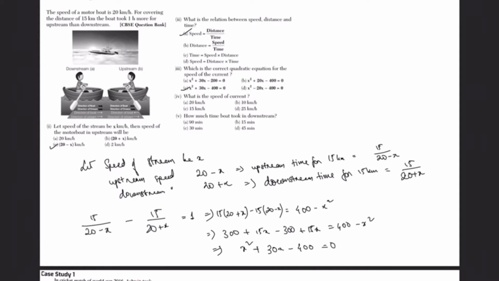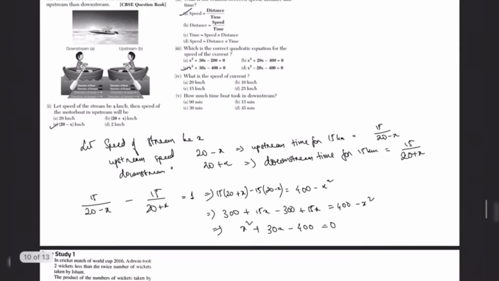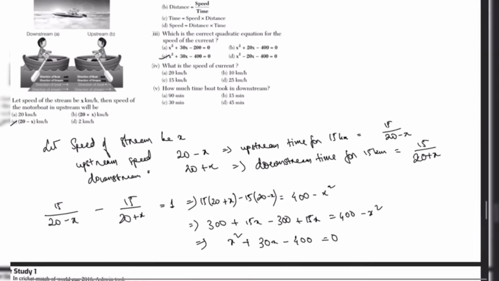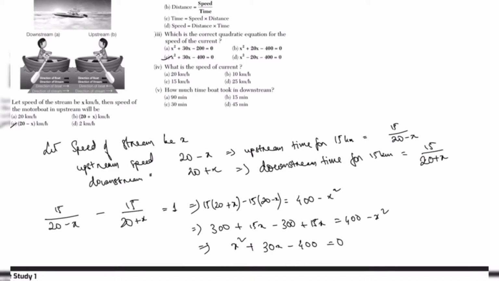Again we'll just check which one does the job here. So let's see what happens if we take x equal to 20. We get 20 square plus 30 times 20 minus 400.